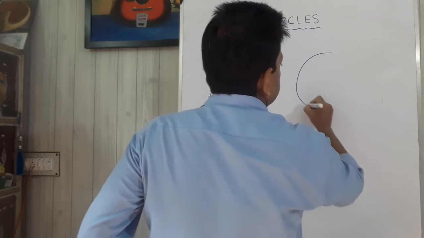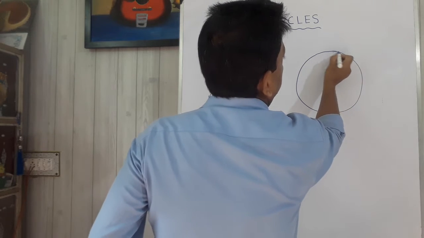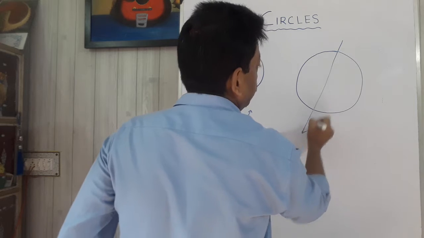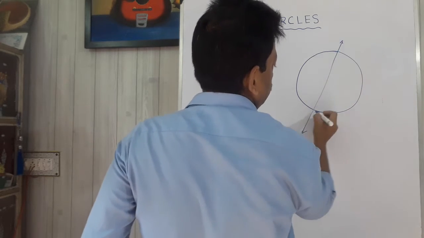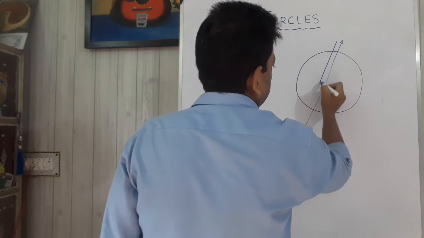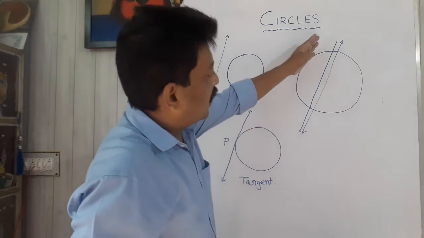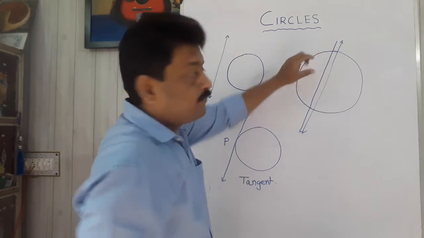This is the circle and this is a secant. So these are the points of intersection. Now if another secant is drawn, then the points of intersection are becoming closer.